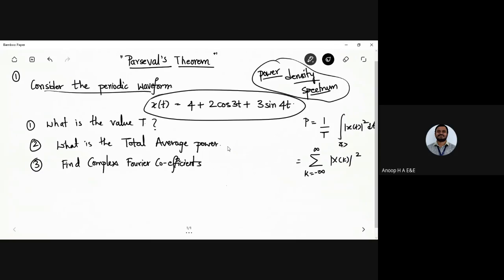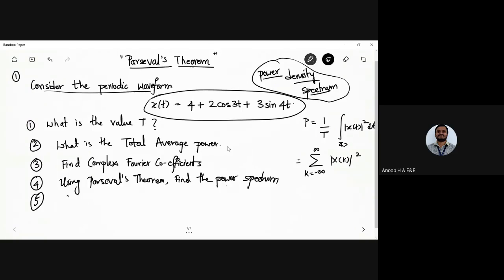Next, using Parseval's theorem, find the power spectrum.